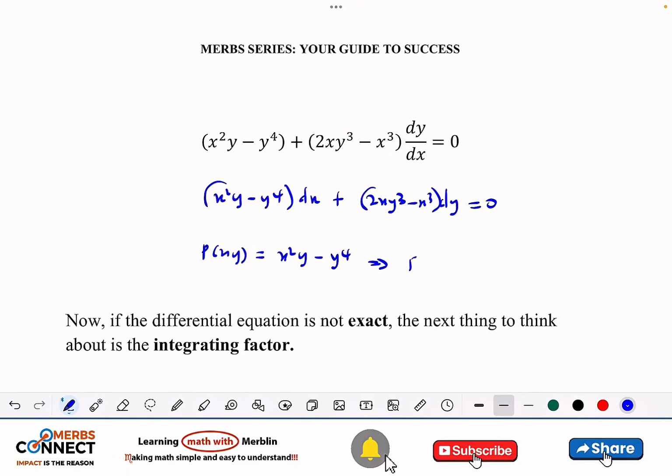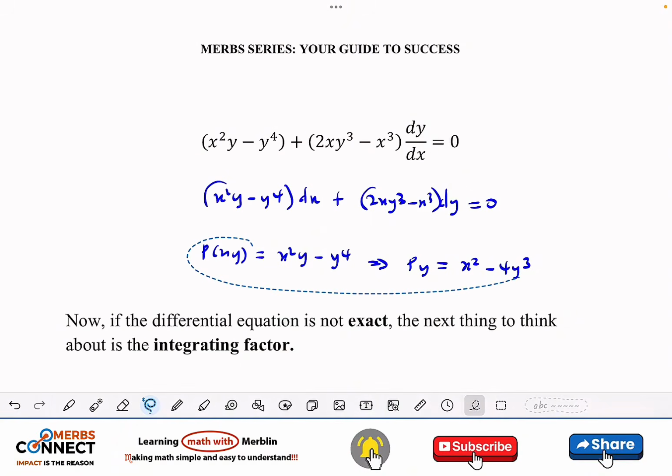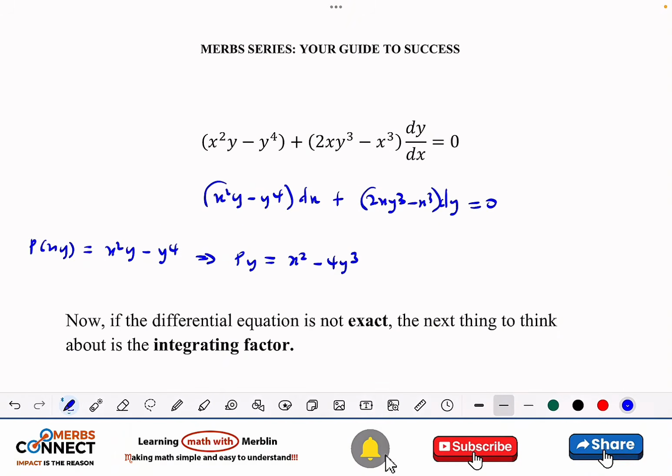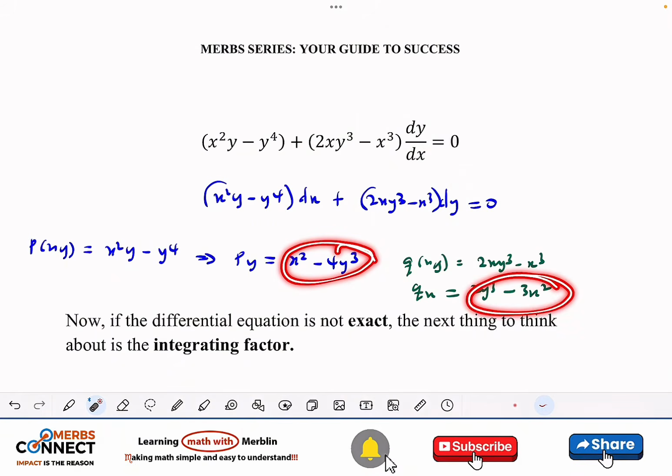Differentiating with respect to y, I'm going to have x squared minus 4y cubed. But what is for the q? Now with the q, q of xy is equal to 2xy cubed minus x cubed. But q of x is equal to 2y cubed minus 3x squared. And we see that this is not the same as that.